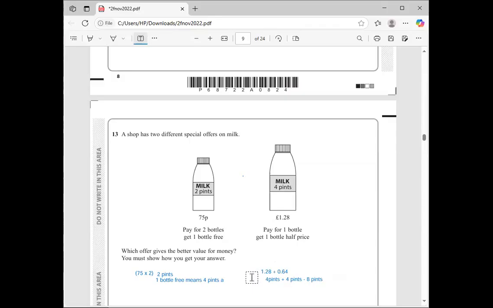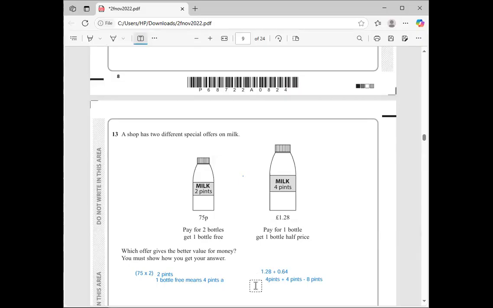The one that gives us much value for money is the one that we can achieve more with less money. Do you agree with that? Yes. Okay, so if I do that, let's look at this. Can you help me crunch this? 1.28 plus 0.64. Don't even just do that, let's convert it to pence altogether. 1.92.